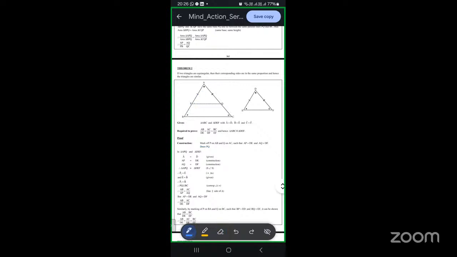And then you mark Q on the side AC, such that AP, only this part, will be equal to DE, and this other part AQ will be equal to that part DF. And then now you join your line PQ. You join your line PQ.